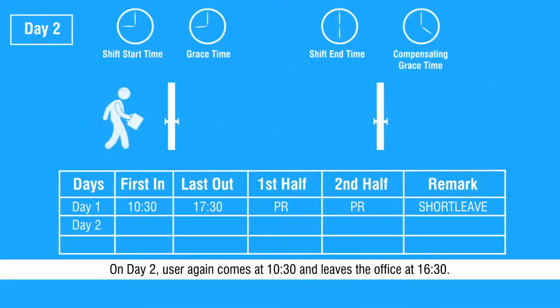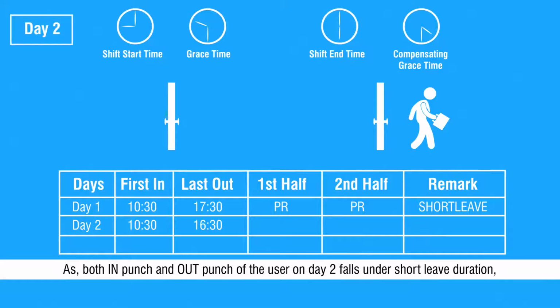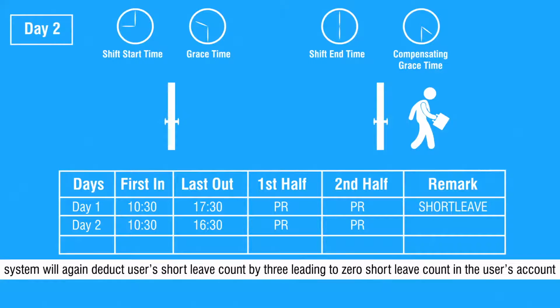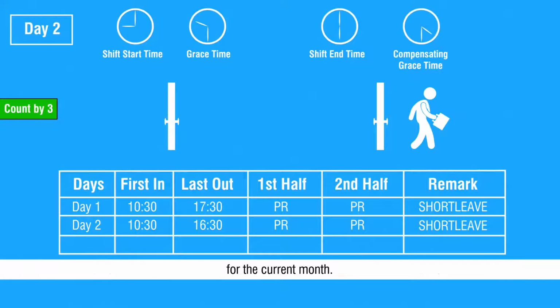On day 2, user again comes at 10:30 and leaves the office at 16:30. As both in and out punch of the user on day 2 falls under short leave duration, system will again deduct user's short leave count by 3, leading to 0 short leave count in the user's account for the current month.